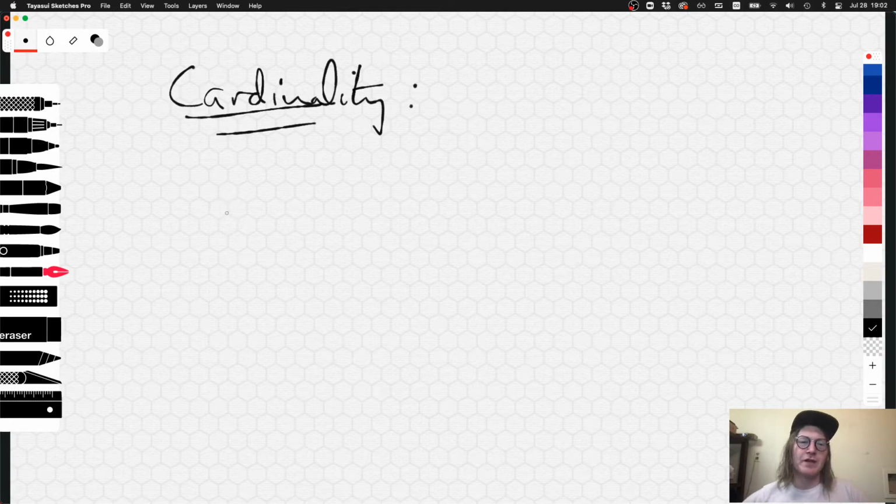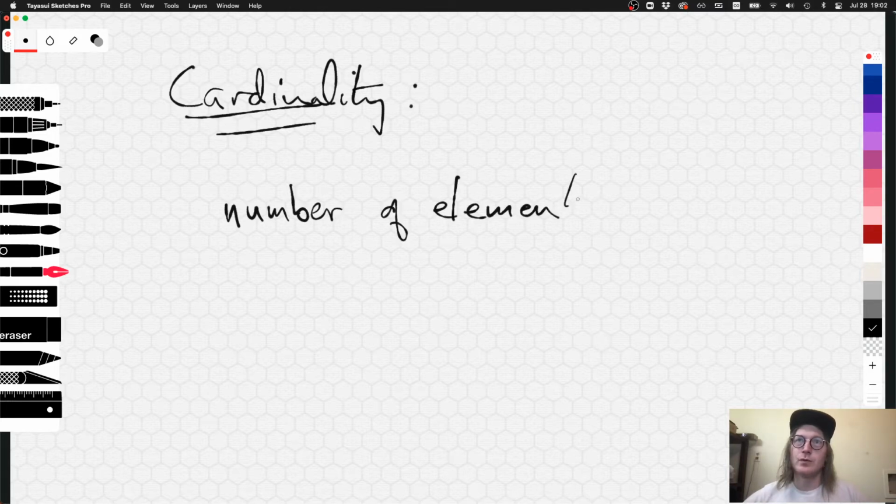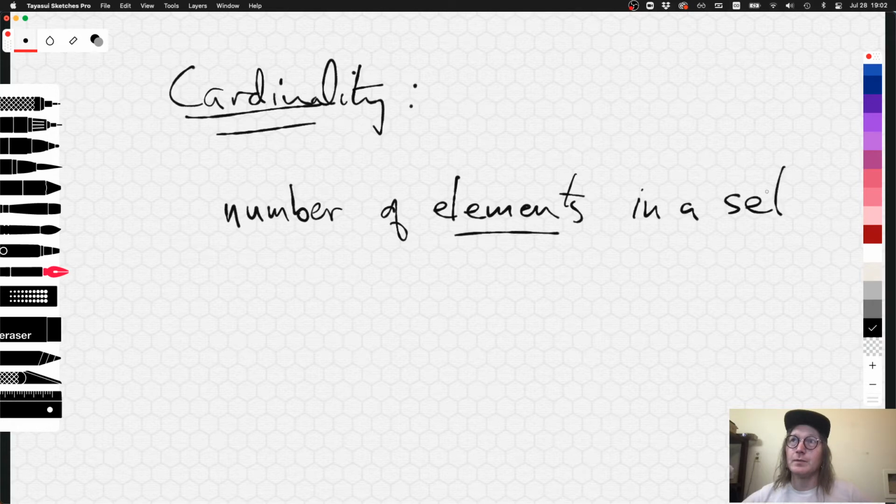So the cardinality is simply the number of items, number of elements, members, or whatever word you want to use. I've been using elements. Number of elements in a set. Other words we might use are size or magnitude.